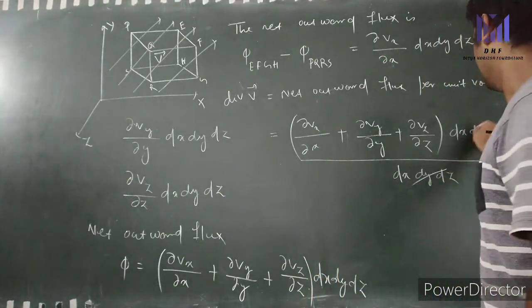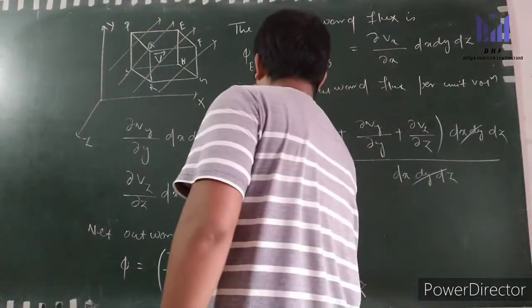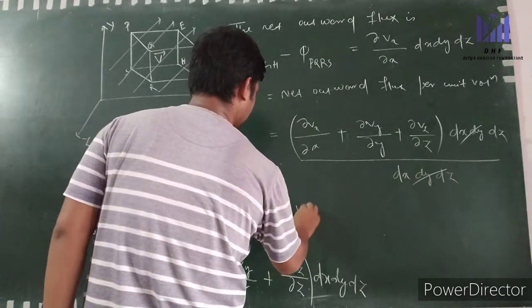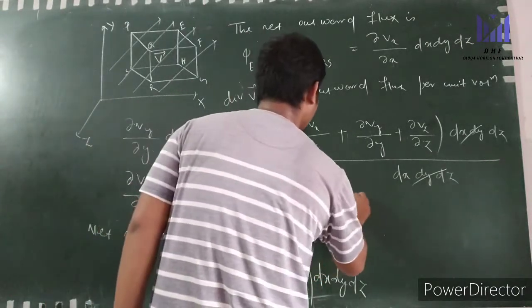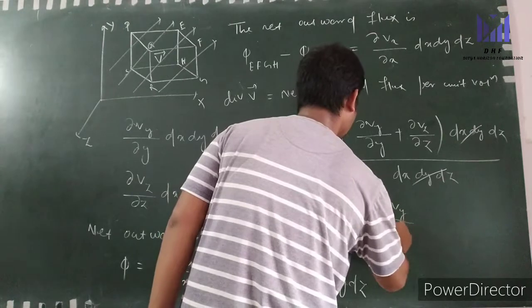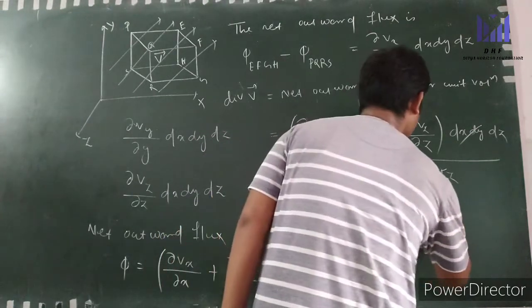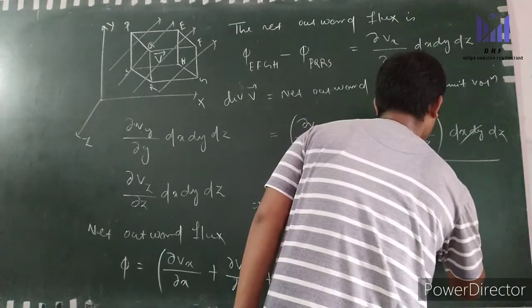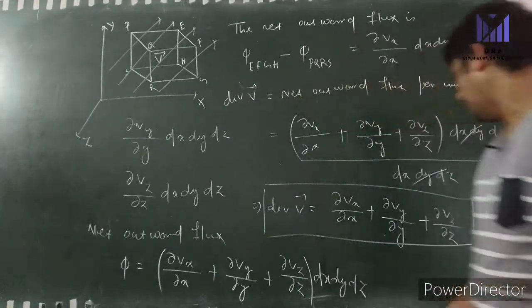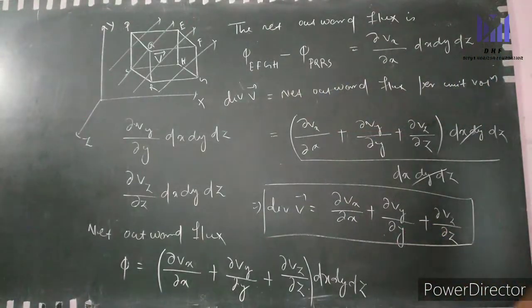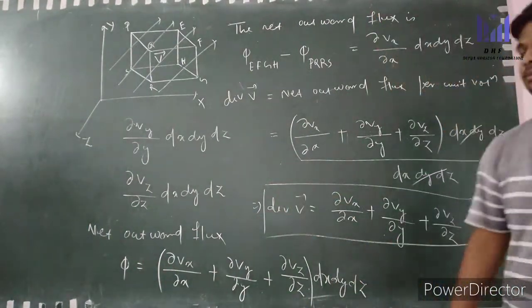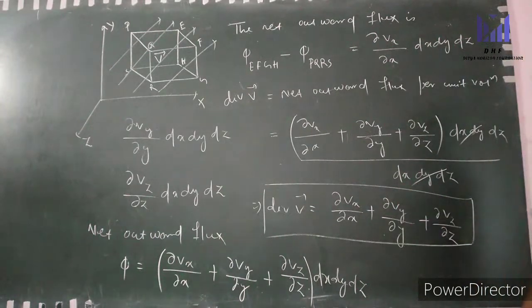So if we cancel this with this, we finally get divergence of V is equal to del Vx by del x plus del Vy by del y plus del Vz by del z. Okay, this is the divergence, and we proved how this expression comes out of the definition, that is, net outward flux per unit volume at a particular point. Okay, so this is the whole proof.